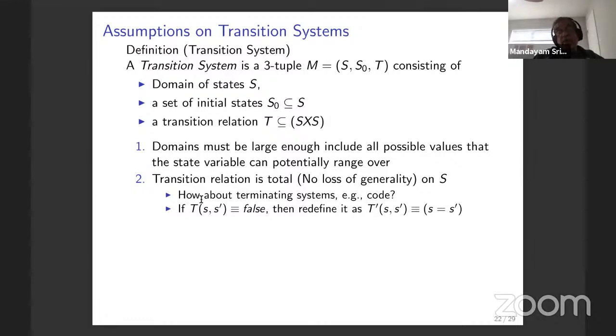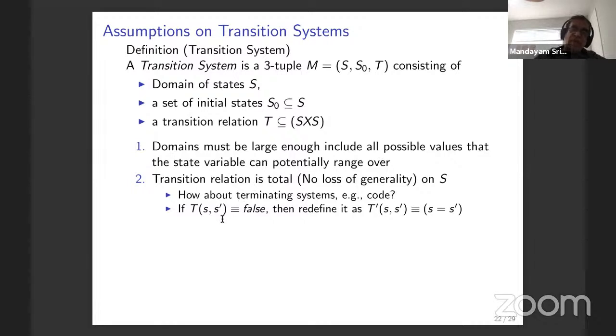There are terminating programs, so there could be certain states, specifically the terminating states of a terminating program, for which there is no successor state. So by making the transition relation total, are you restricting the ability to model certain behaviors, say terminating systems? Actually, no.